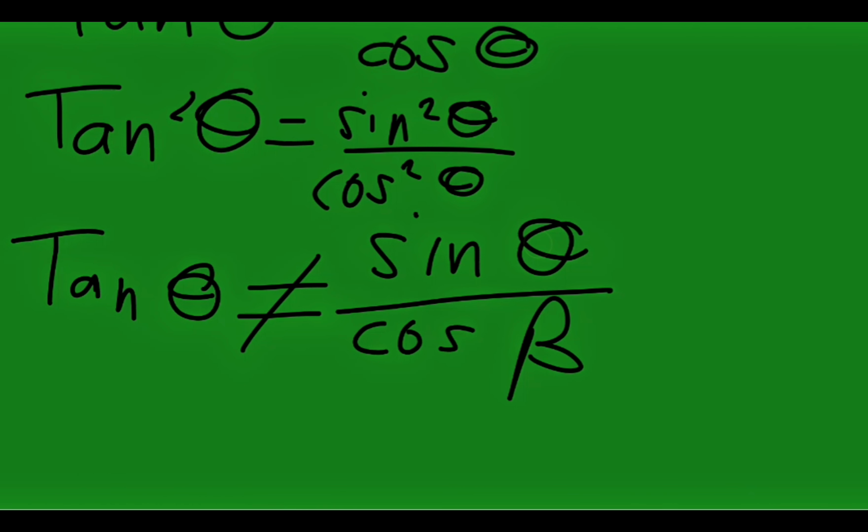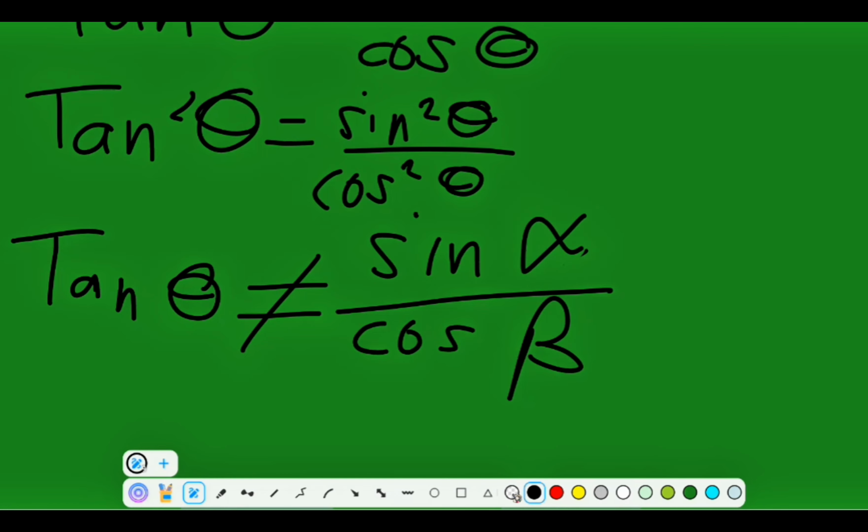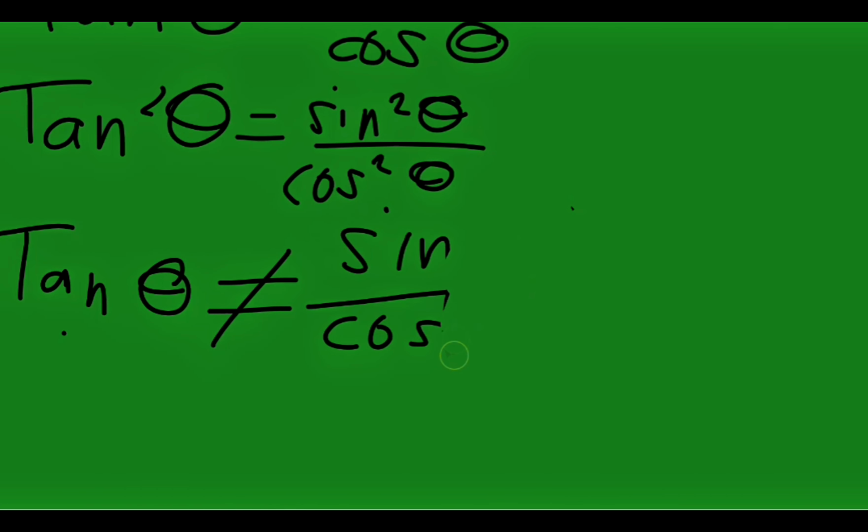Tangent theta is not equal to sine alpha over cos beta. No, it's not. For us to change sine over cos to tangent, both sine and cos must have the same angle. It's not only just theta.